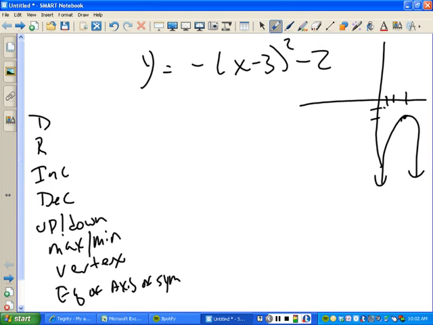Okay. Where does it cross the y-axis at? 7? Negative 7? Purple. I don't think it's 7. I don't think it's negative 7. Negative 11.